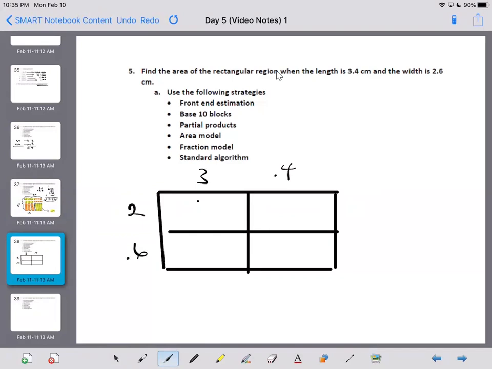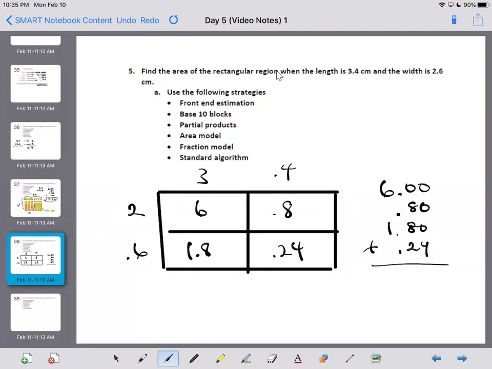So 3 times 2 is 6. 2 times 4/10 would be 8/10. 3 groups of 6/10 is 1 8/10. 6/10 times 4/10 is your 24 hundredths, which are all your partial products. So add each of the area models together, and you'll see that we get the 8 84/100 again.